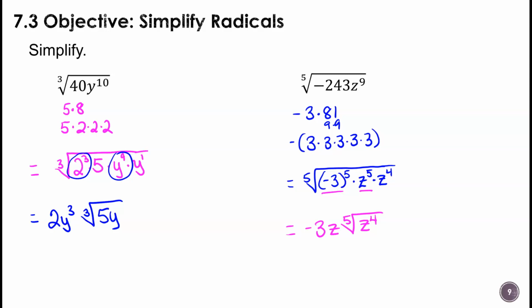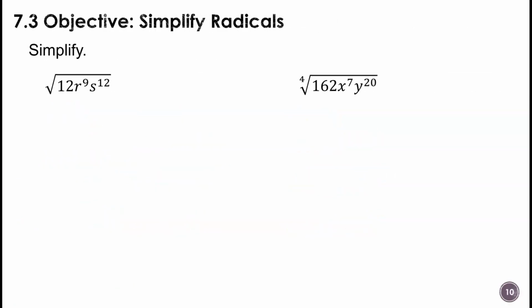All right. Next. Okay. So on this next one on 12, I'm going to go with this a little bit different. So I'm going to show it this way. 12 is 4 times 3, right? 4 is a perfect square, and I can find the square root of that.